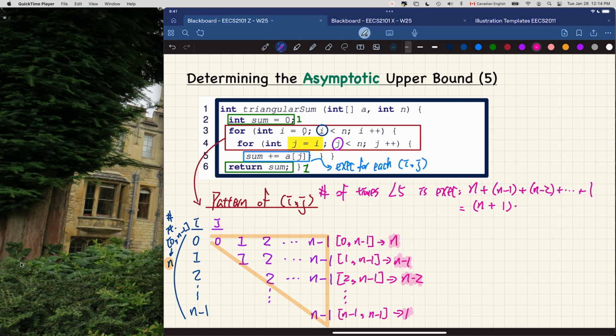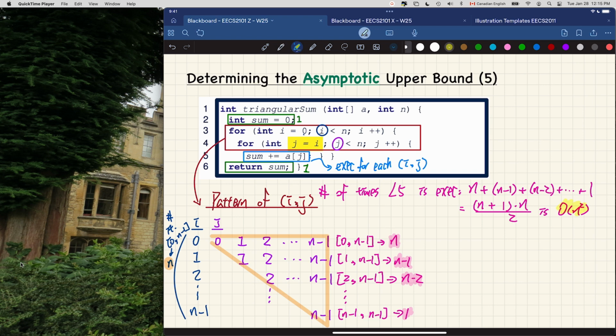From n down to 1, divided by 2. And this one is big O of n squared. As you can see, n times n gives n squared as the highest term, right? This will be some mini conclusion we should know, right? N squared.